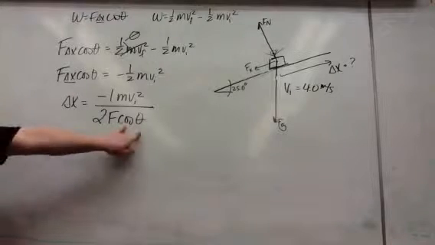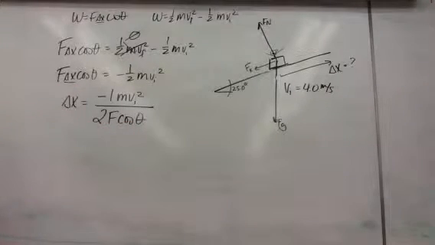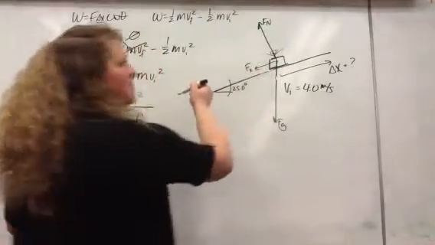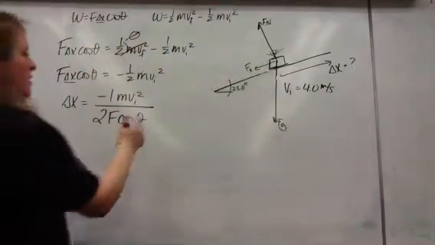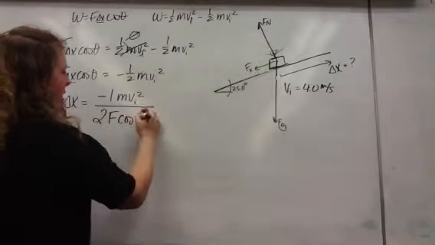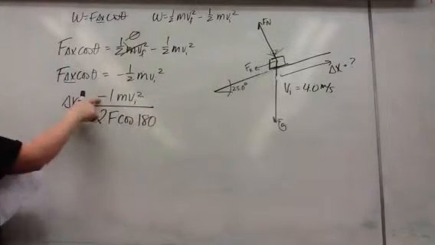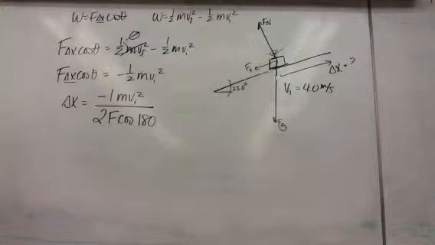In this case, the work being done on the monkey sled system is at what angle in relation to the direction of the motion? It's 180, because the work being done on the monkey sled system is back down the hill to stop it, but the monkey sled system is moving up the hill. So this is going to be cosine of 180, which is basically going to cancel out that -1.